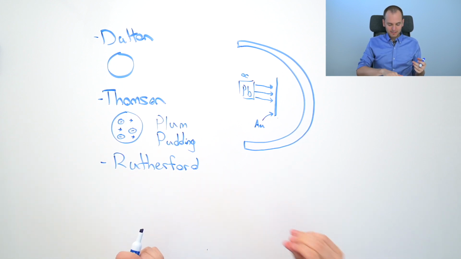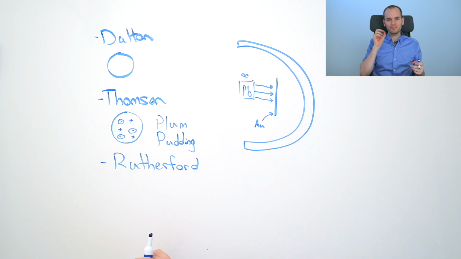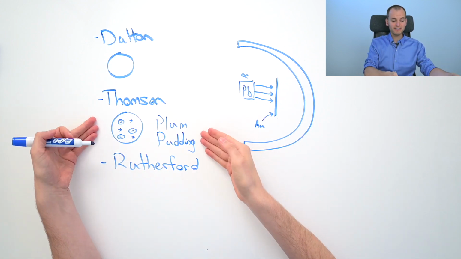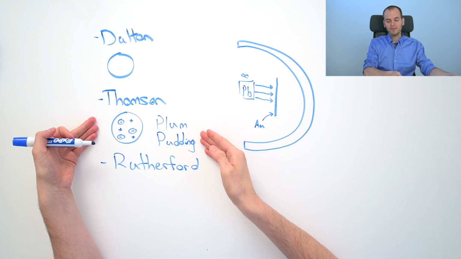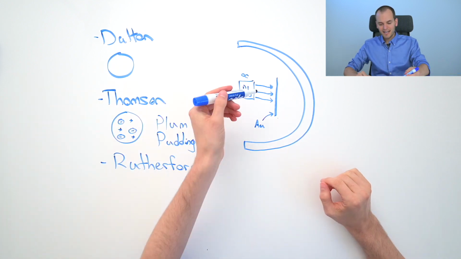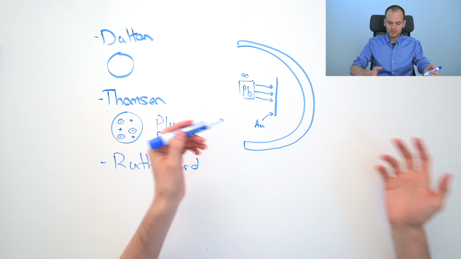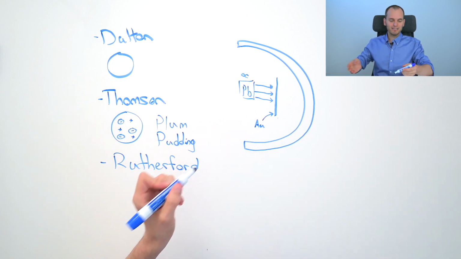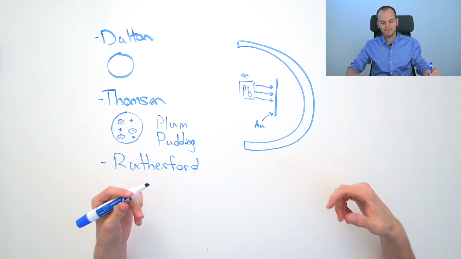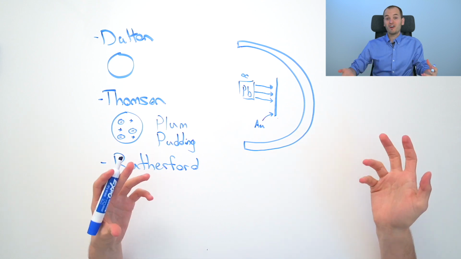They knew this, and they were shooting these alpha particles at the gold, and they thought that if it was like what Thomson theorized, most of these things should just go straight through all these atoms. However, that was not the case.